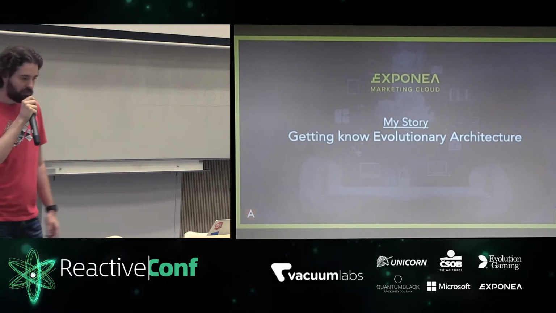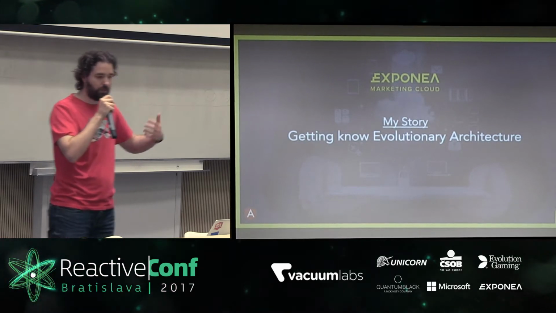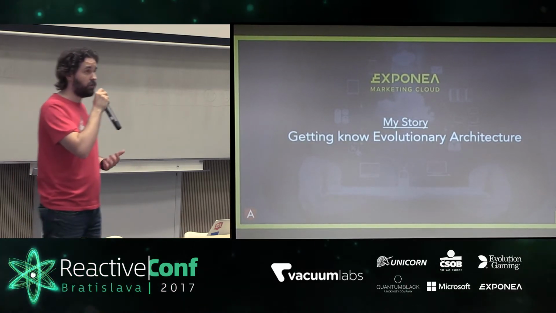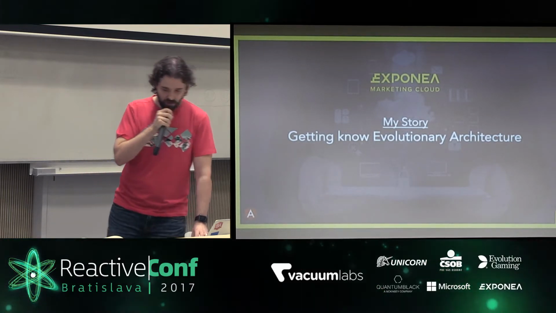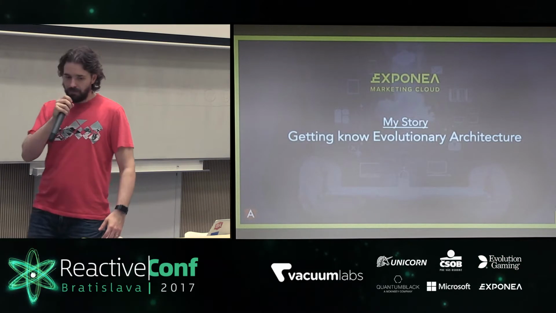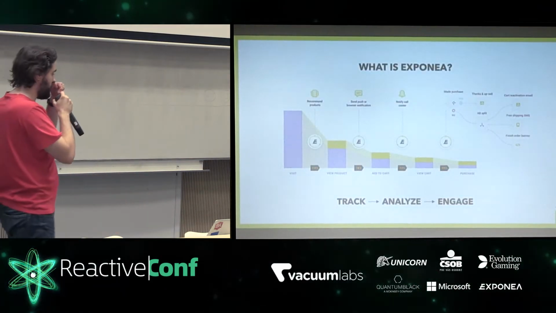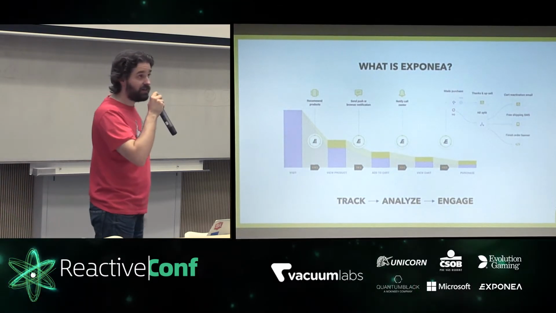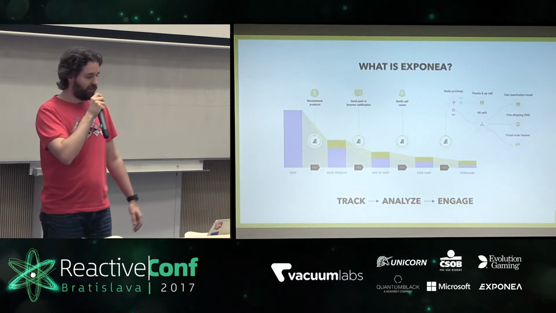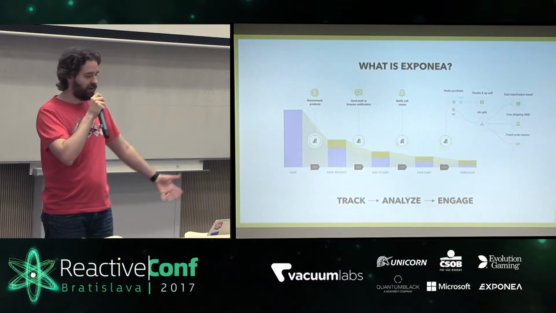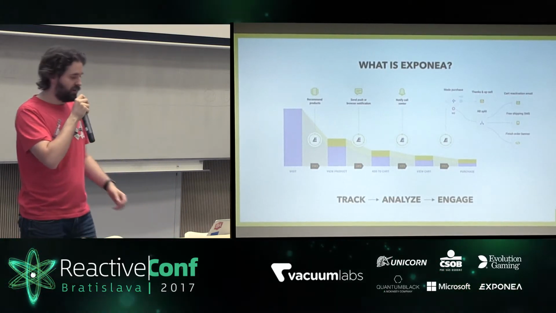I was thinking about it a lot and discussing with other people, not only on the front end but also on the back end side or system architects. And Exponia at this point isn't a small project anymore. What Exponia basically does, we track data which we can analyze and then you can engage.